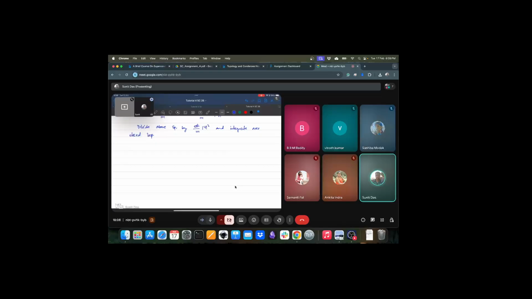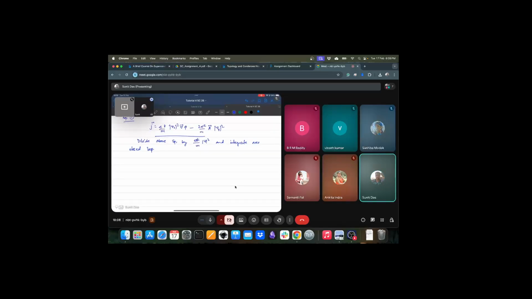So the equation will be, so I'm dividing by e h bar by m psi square, so it will be m by e h bar, and then, okay, so let me first do it.